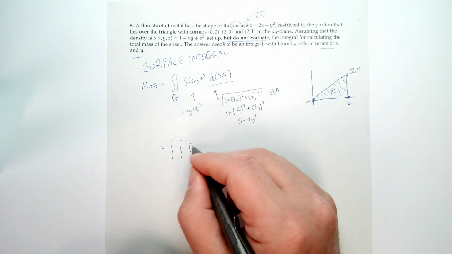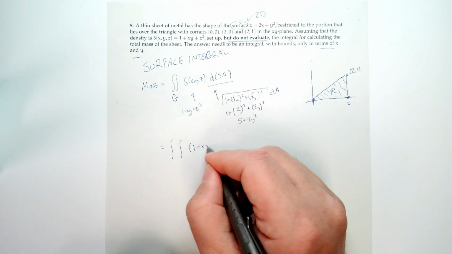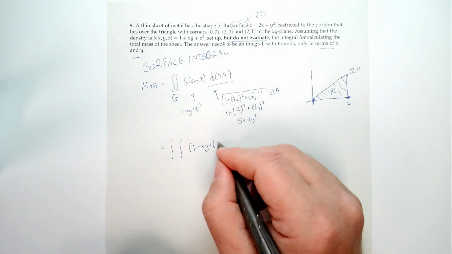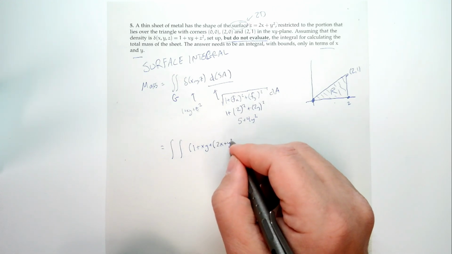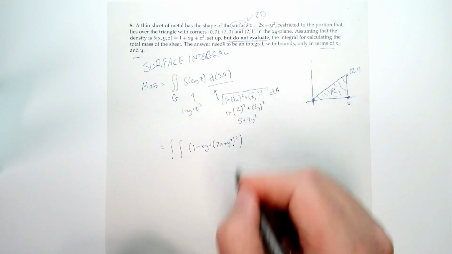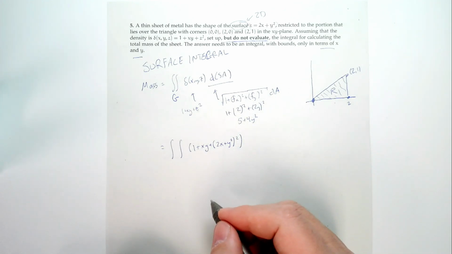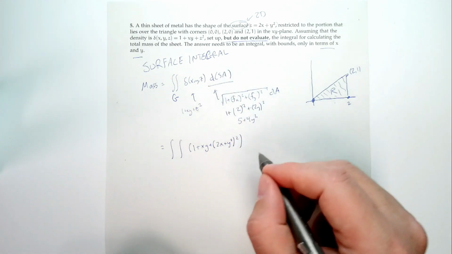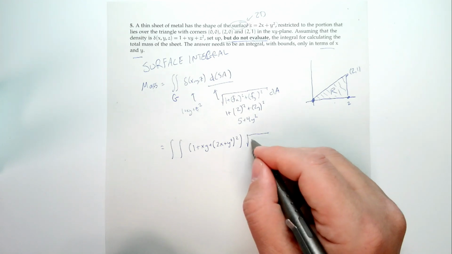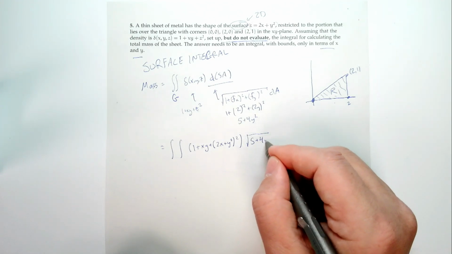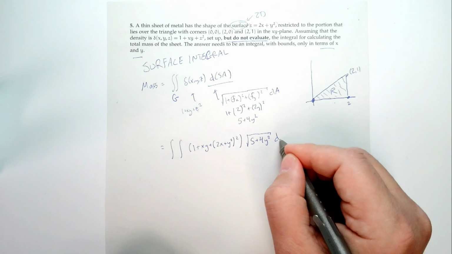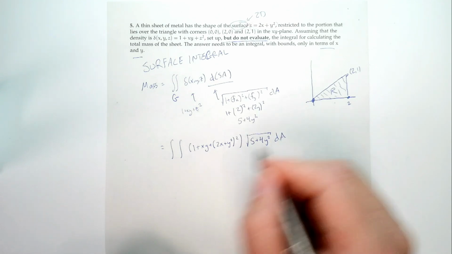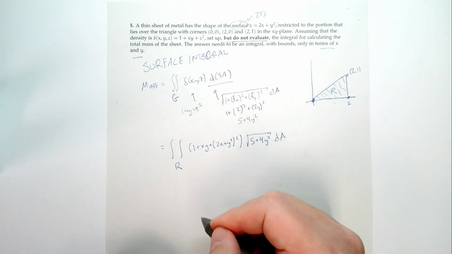So we get 1 plus xy plus (2x plus y squared) squared. Okay? That's our integral. Our dS, square root of 5 plus 4y squared, dA over the integral region R.